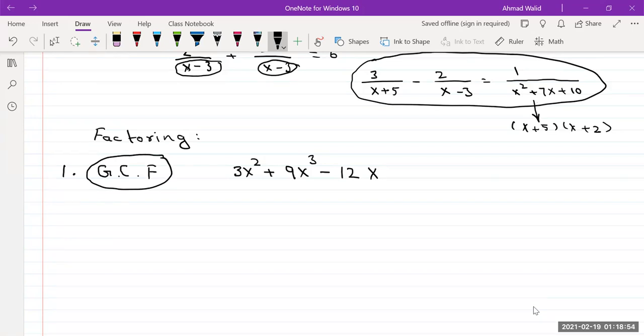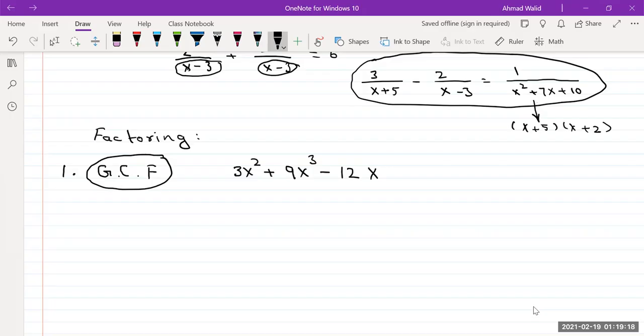Every single time, remember this, write it as a note. Every single time that you want to factor a given polynomial, it doesn't matter if it's a trinomial, a binomial, or a polynomial, in general, I call it a polynomial, that means however many terms you have. First, try the GCF.